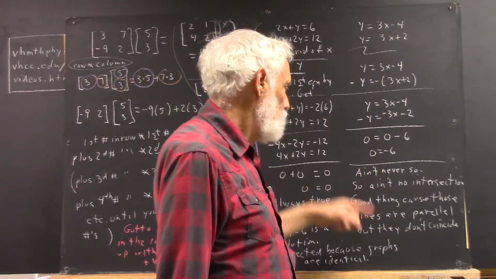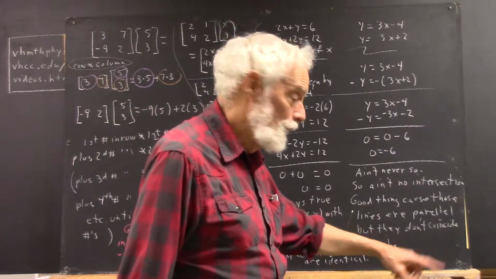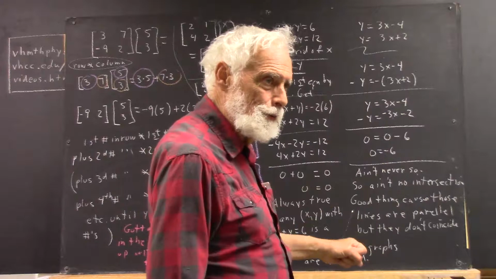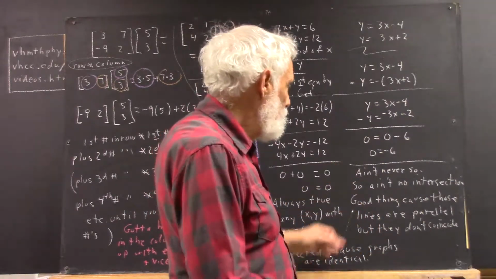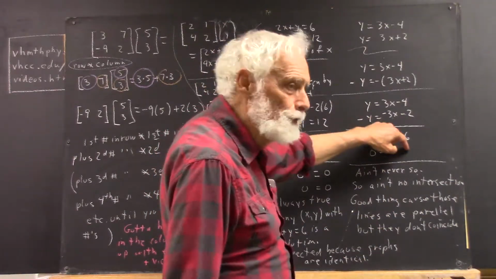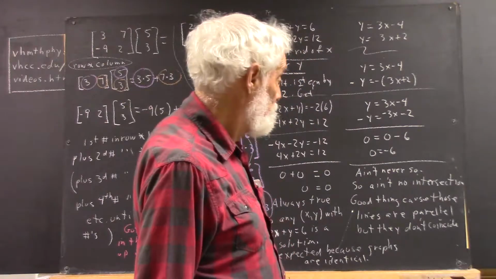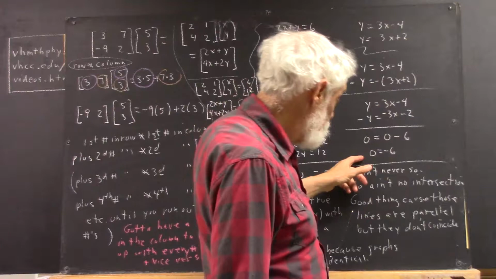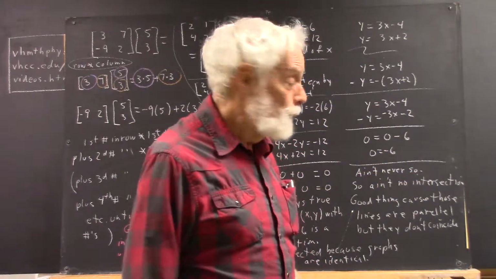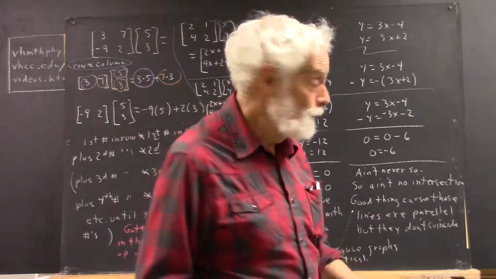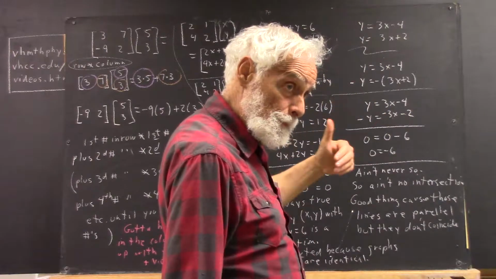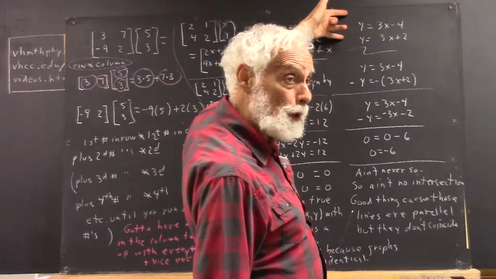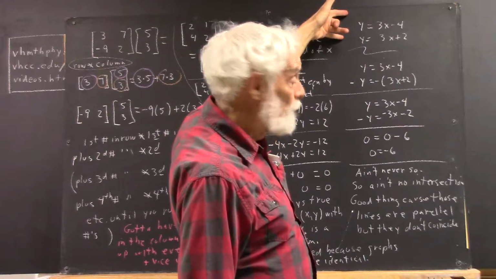Good thing, because those lines are parallel, but they don't coincide. Well, what am I saying here? I'm saying "ain't never so" really means that it's never true that 0 equals -6. There is no set of values for x and y that will make 0 equal to -6, which means there is no set of values for x and y that satisfy both equations. And we can see why.